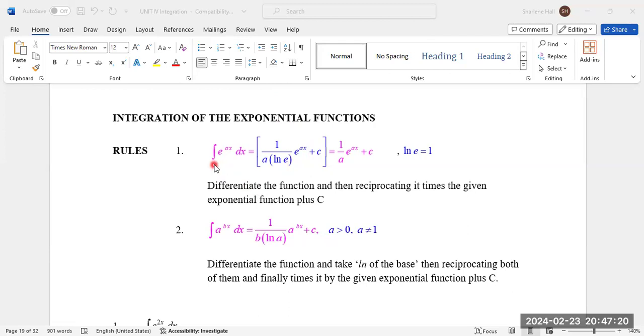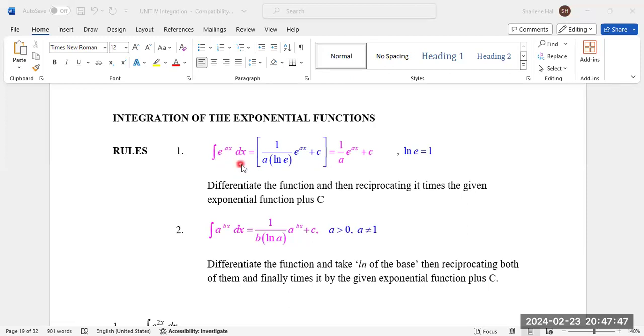So I'm integrating e to the ax dx. I will have to differentiate the power, and the differential of the power ax is going to be a. I'm going to reciprocate it, so I'm going to have 1 over a times ln of the base.